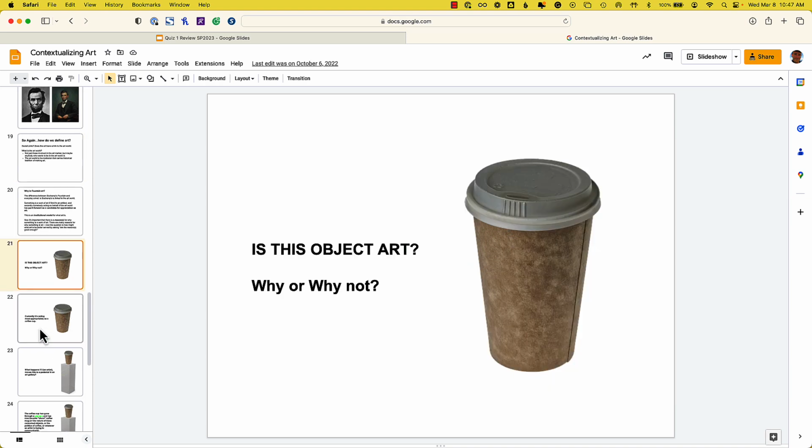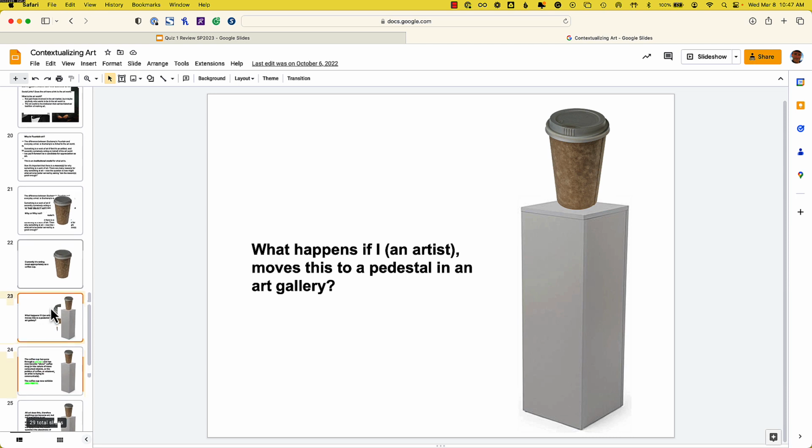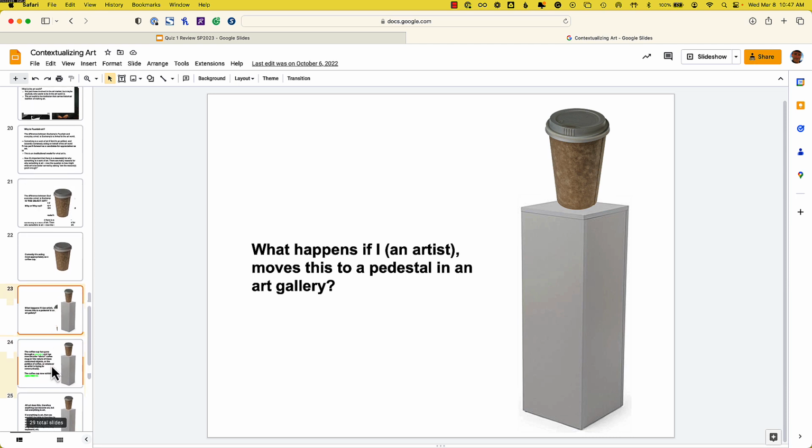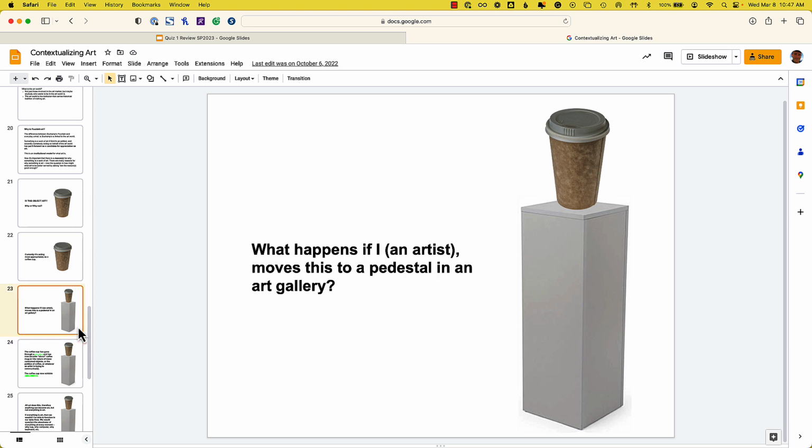So currently it's acting most appropriately as a coffee cup, but if I place it on a pedestal in an art gallery and I'm an artist, I'm putting this forward. I'm saying the coffee cup has gone through a process and has now become about the coffee mug, right? Because I'm an artist and I'm putting forward this coffee cup as a candidate for your appreciation.